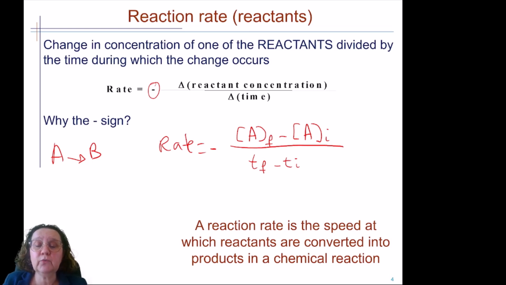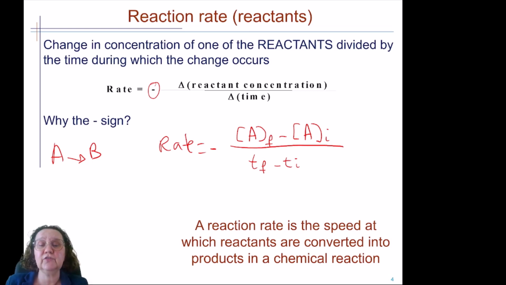Well, because you want the rate to be a positive number. It has to be in concentration units, moles per liter or milligrams per milliliter, whatever, per second or per minute, depending on how you are measuring the time. And it needs to be a positive number, because a speed has to be a positive number. Either it's 0, the reaction is not happening, or it's a positive number, it's happening at a particular speed.